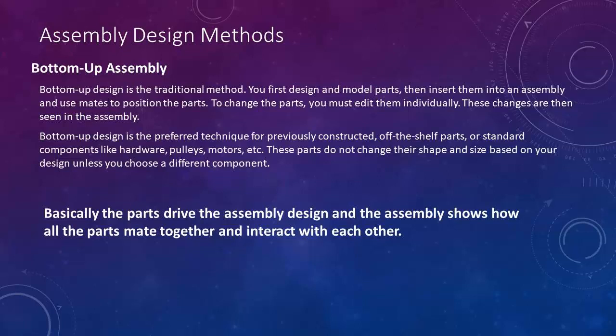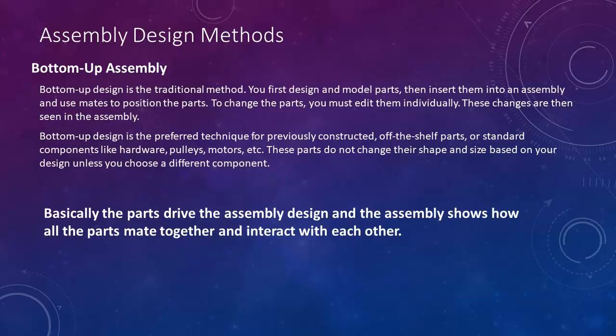So we start at the bottom working on each part and we bolt them together in the assembly, and it allows us to have the parts drive the assembly, and we get to see how the assembly works and mates together. This is really good on very large projects, large assemblies there.